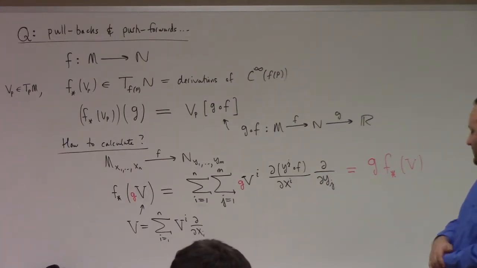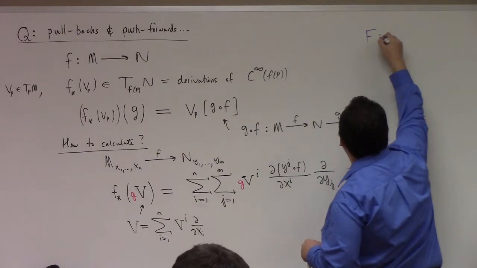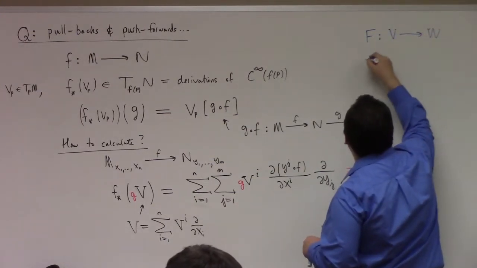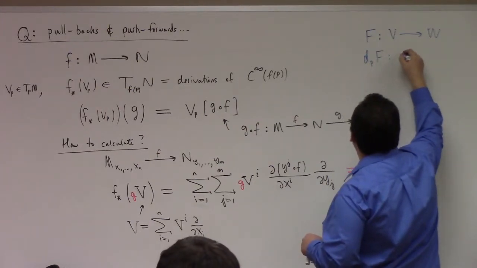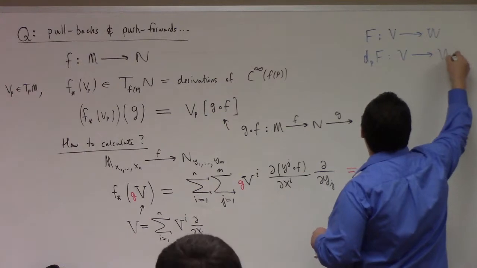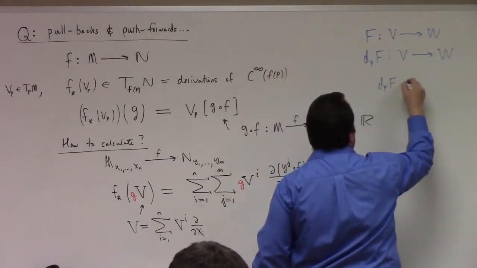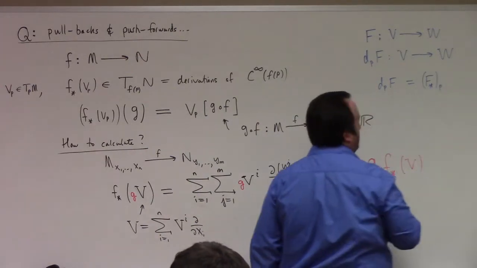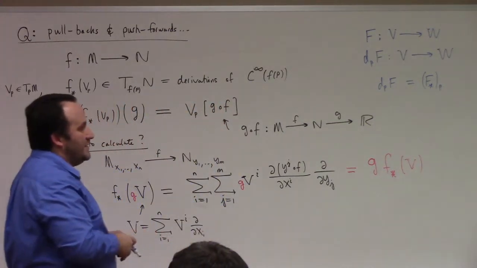I mean, what I was agreeing to was earlier in the course we had f as a mapping of normed linear spaces, say from V to W, and I talked about D_P f, and you write that as f lower star in the book, right? Right, and so I would say that D_P f is really the same as f star at P in a sense. But some people would disagree with me.